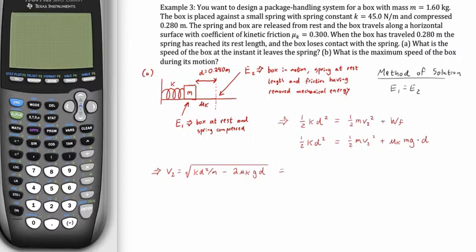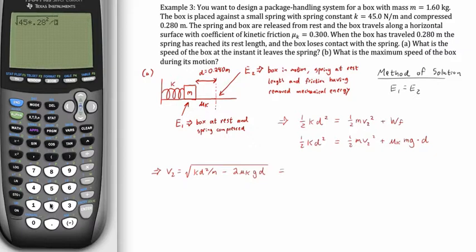So let's plug in our values over here. We want to take the square root, and that's going to be k, which is given as 45, multiplied by d squared, which is 0.28 squared.